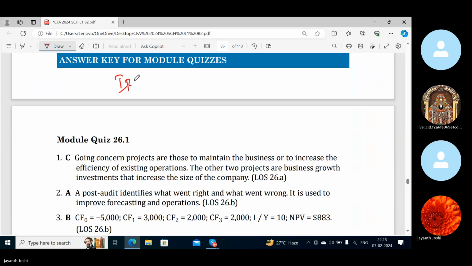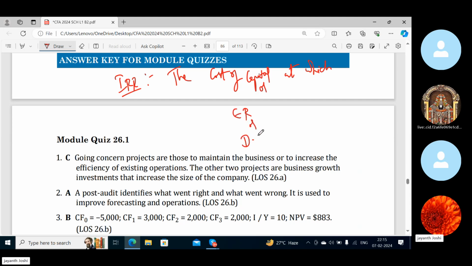IRR: the cost of capital, which is also called required rate of return, expected return or discount factor, all mean the same.